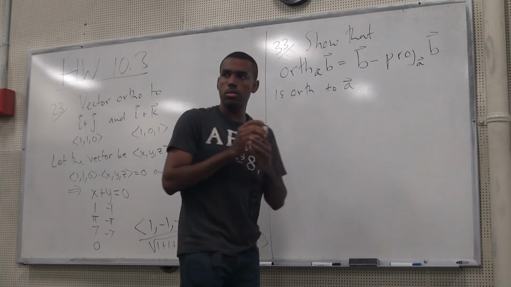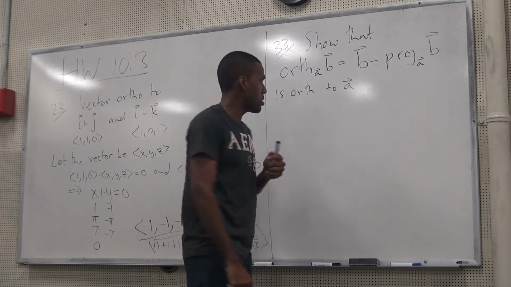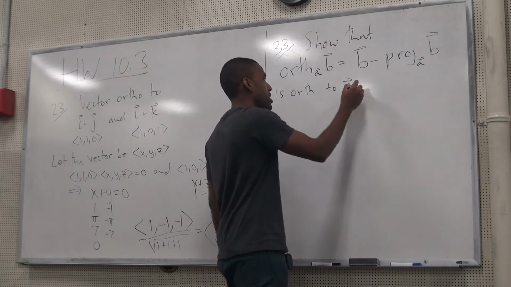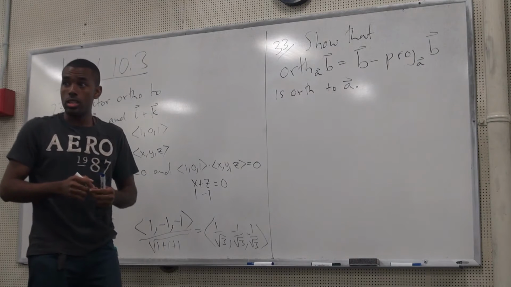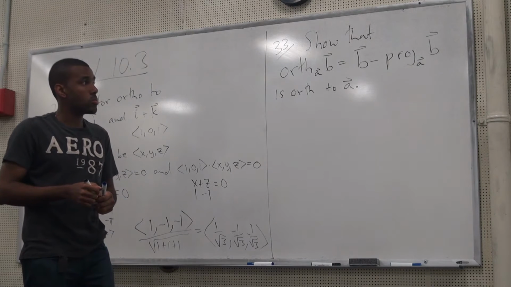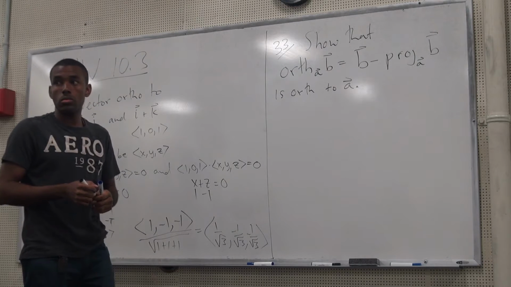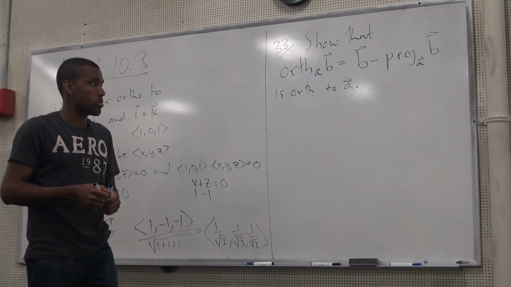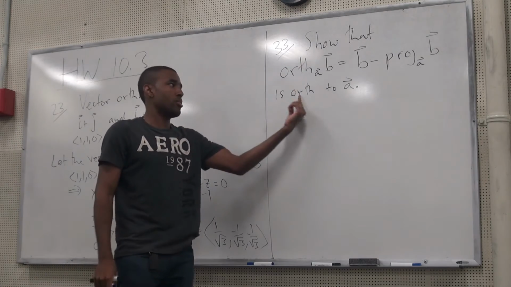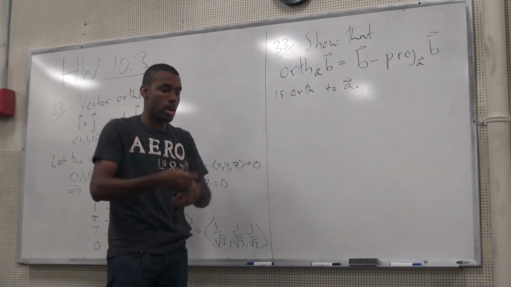Okay, I believe John, is it? You saw me in the Turing Center and I gave you the hint to this. Did you actually figure out the full solution? What did you do here? I took the right side and dotted it with the vector A. And what should the result be? The result is 0. If you're looking for something orthogonal, you check that the dot product is 0.